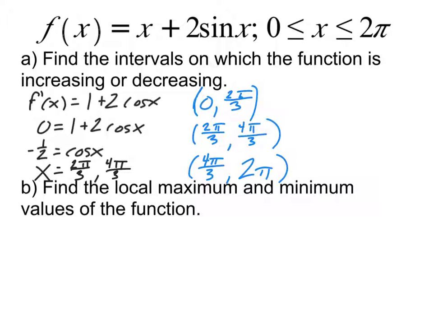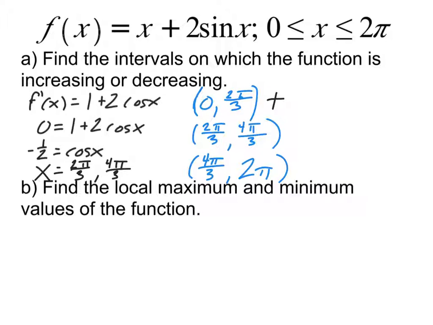Because I know my unit circle really well, I know that within that interval is a nice, easy point to figure out cosine: pi over 2. And so I could take that pi over 2 value and plug it in for x here, and I know that cosine of pi over 2 is 0. 2 times 0 is 0. 1 plus 0 would be 1. It gave me a positive number, so I know it's positive in there.